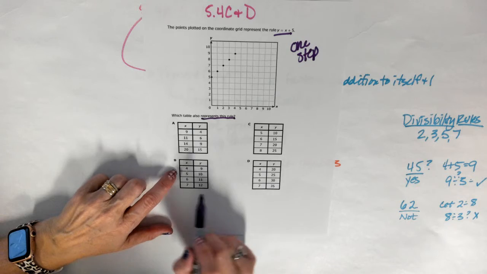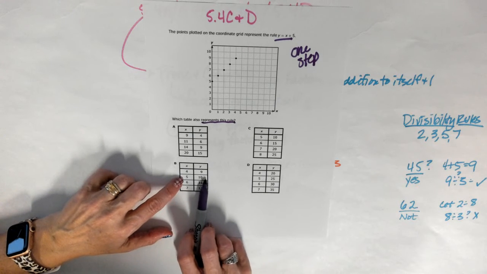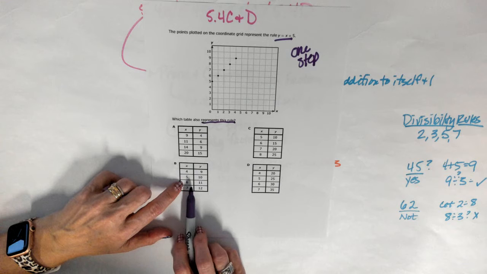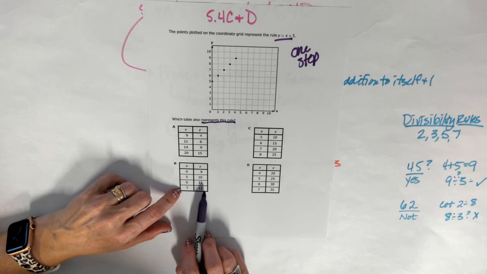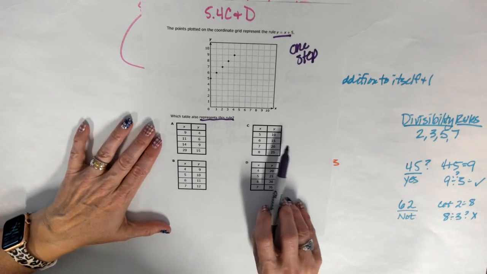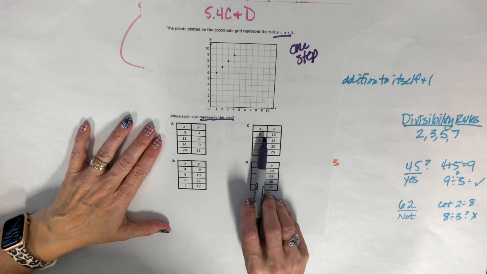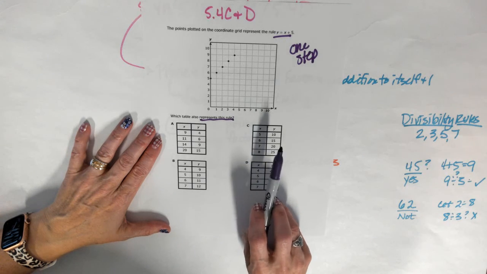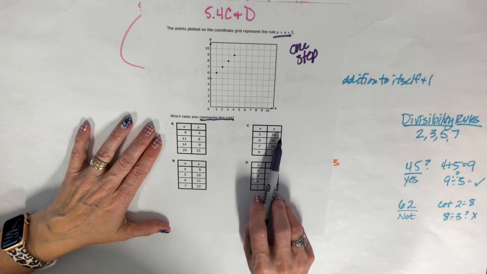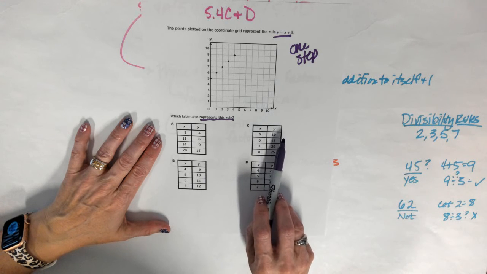We can tell easily that B is the right one because 4 plus 5 is 9, 5 plus 5 is 10, 6 plus 5 is 11, 7 plus 5 is 12. This table uses multiplication. This one started out adding, which if students do what students tend to do, which is check the top line only, then they might choose and think this is the correct one.